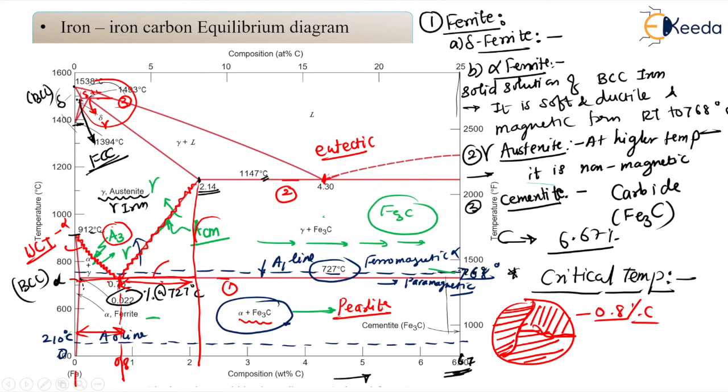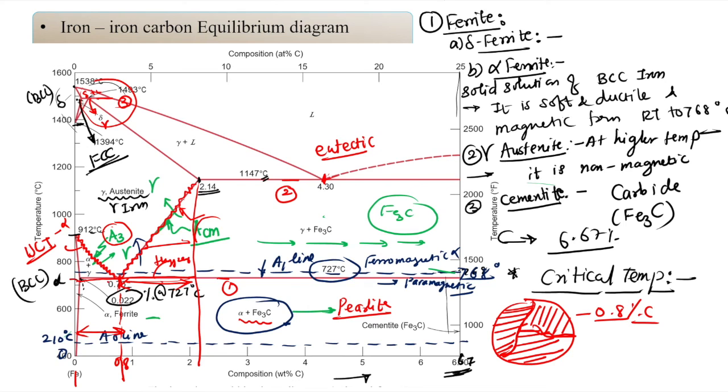This line is known as the upper critical temperature for cementite. Okay, this is the upper critical temperature for cementite, or rather you can say this is the upper critical temperature for the hypereutectoid steels.